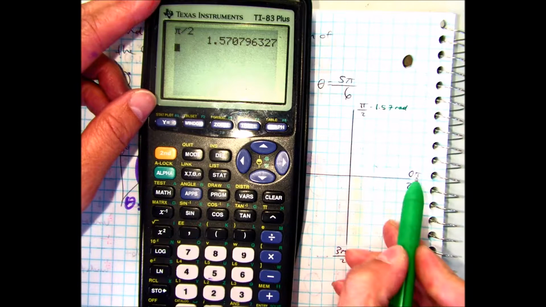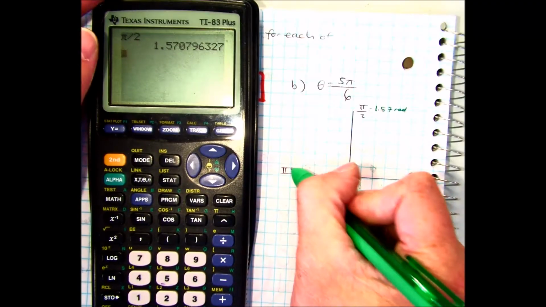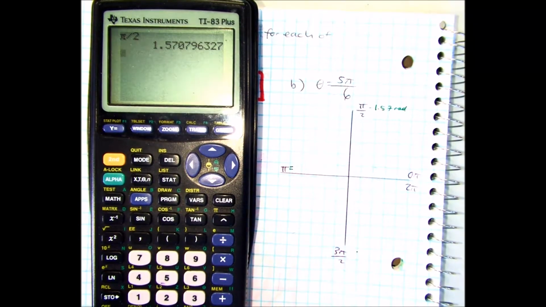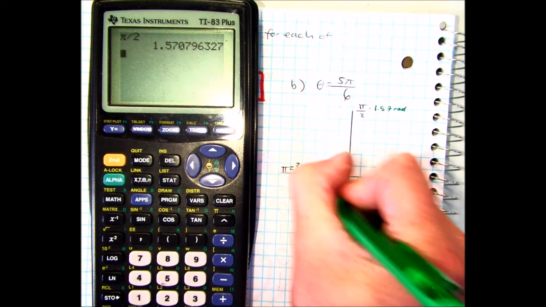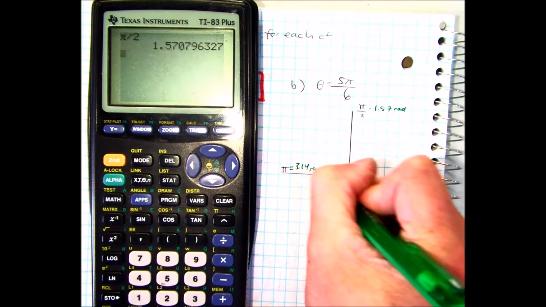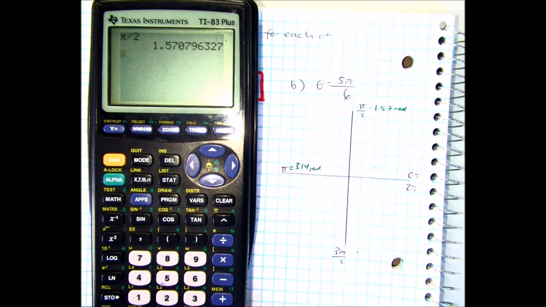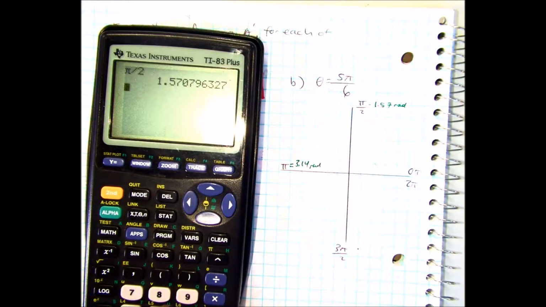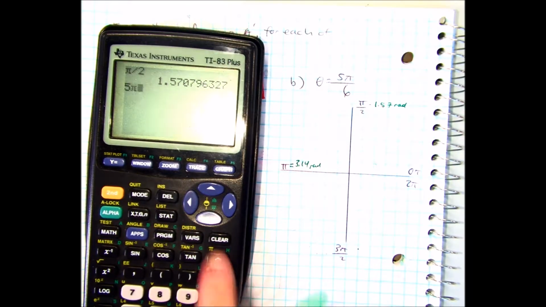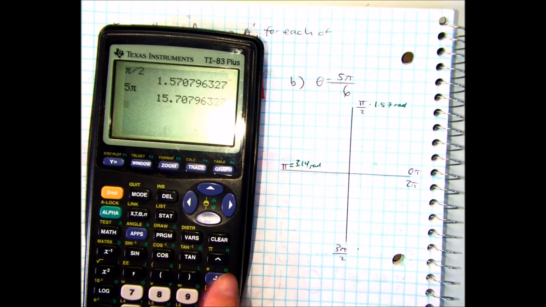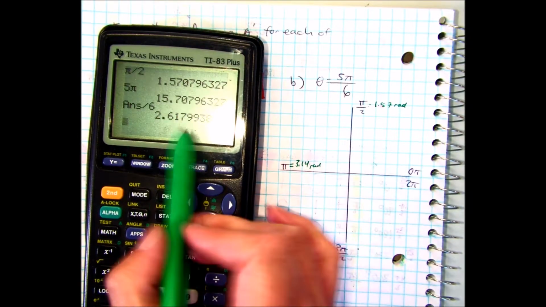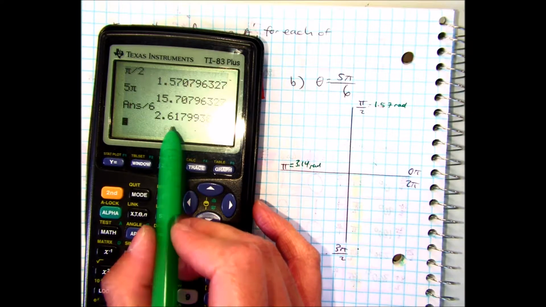Okay, so this is 0 radians. Over here, we already know that pi is equal to what? 3.14 radians. But this one is 5 pi over 6, so I can do 5 pi, and then press enter, and then divide my answer by 6. This is 2.62 radians.